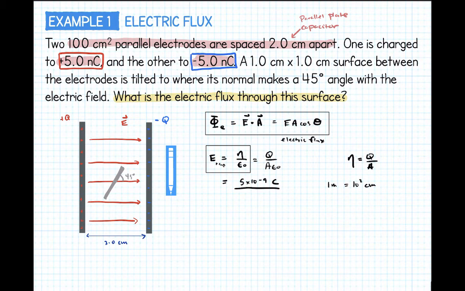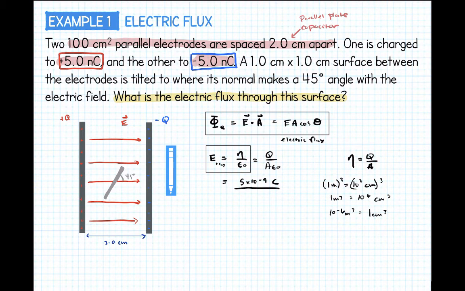If you square this, you have 1 meter squared, and that's 10 to the 4th centimeters squared. So for every meter squared, we have 10 to the 4 centimeters squared, and you can also write this as 10 to the negative 4 meters squared equal to 1 centimeter squared.